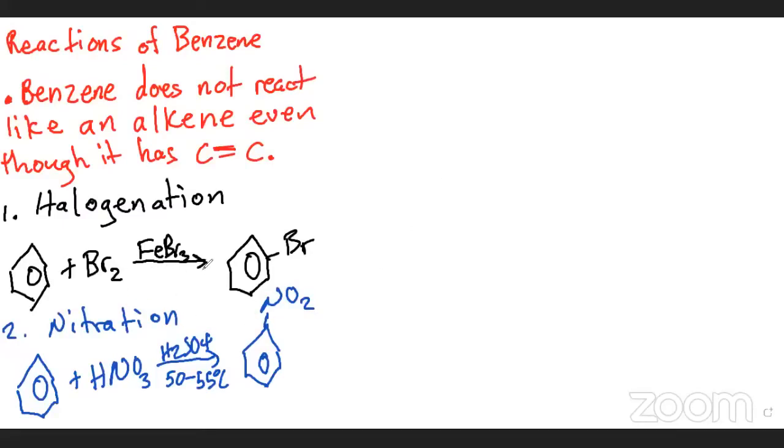Right, so this will be the equation. So benzene with bromine and the catalyst, FeBr3, that is your catalyst. So unlike an alkene where you would just add it, for benzene that reaction will not happen unless you have the catalyst.